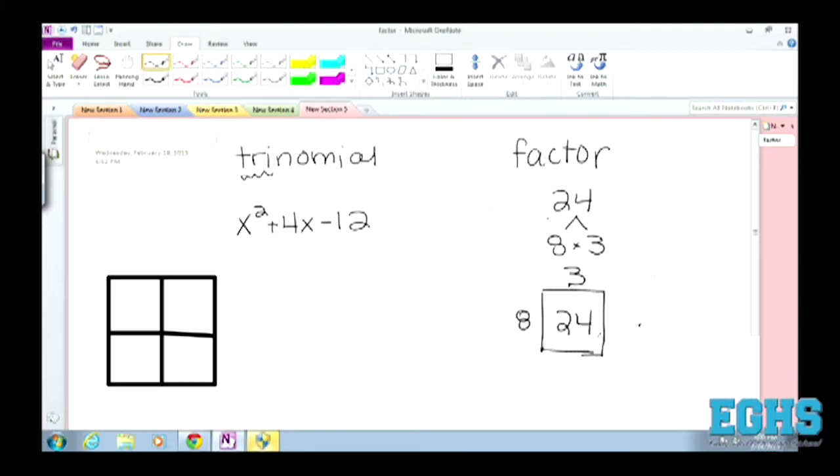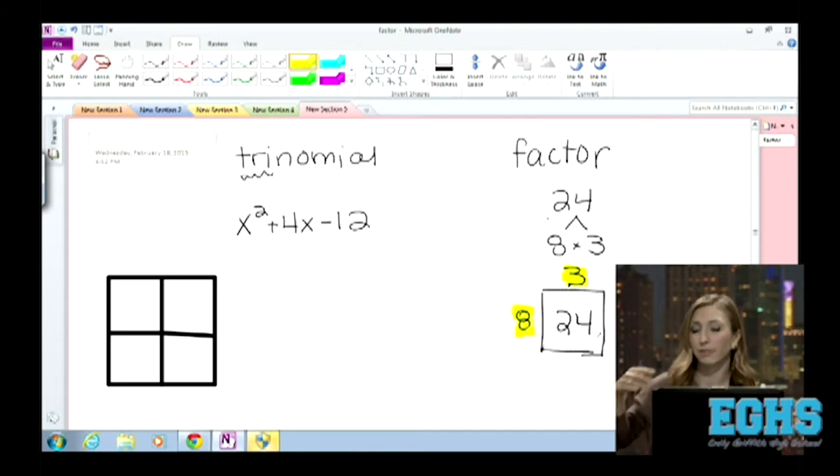So you can see that the factors, and I'm going to highlight them, the factors are on the outside here. Those are the things that multiply together to give us what's on the inside. And so if I'm trying to find factors of this trinomial, I need the things on the outside that are going to multiply together to give me that on the inside.